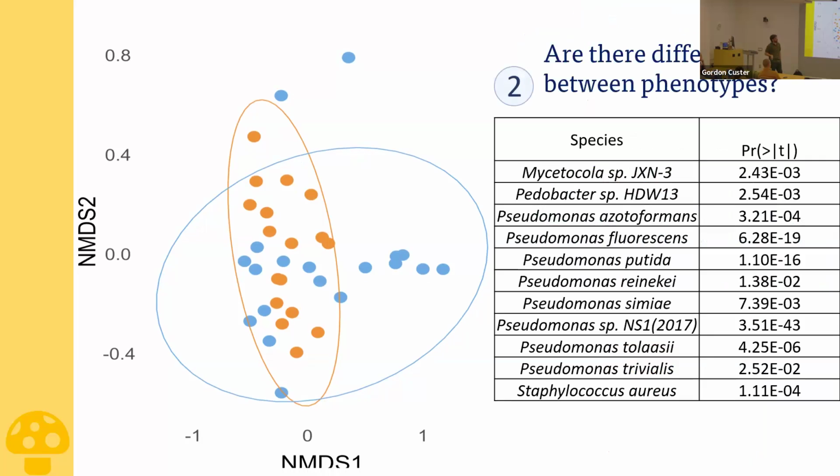So what we come back with here is that there's only about 13 species that, when we have this kind of restriction on, are able to differentiate between all of the symptomatic communities and all of the asymptomatic communities. And most of these, interestingly enough, are Pseudomonas.